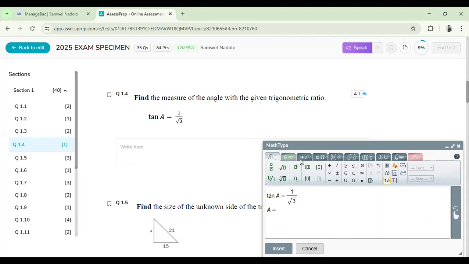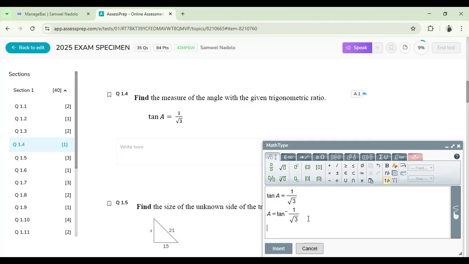So you're going to insert the tan inverse sign. The inverse sign is always a small negative at the top. Then you rewrite the fraction 1 divided by square root of 3.